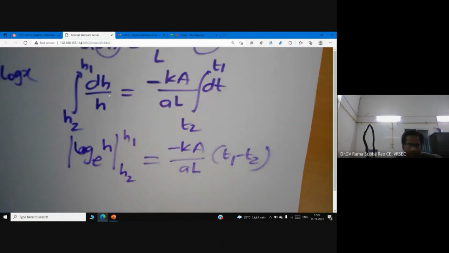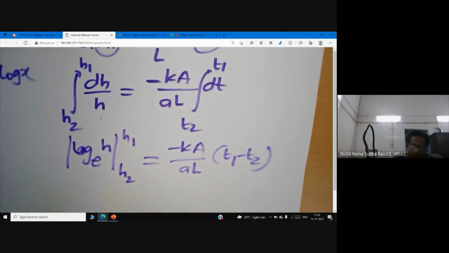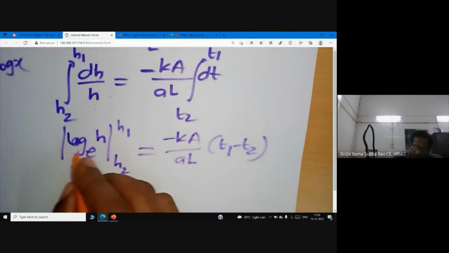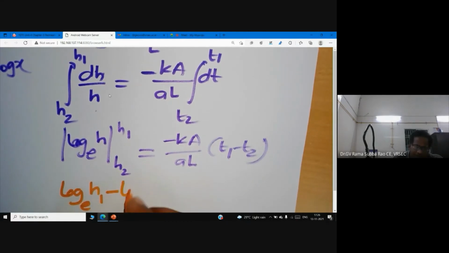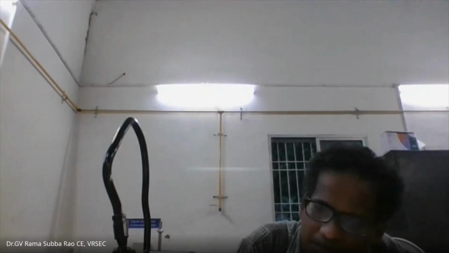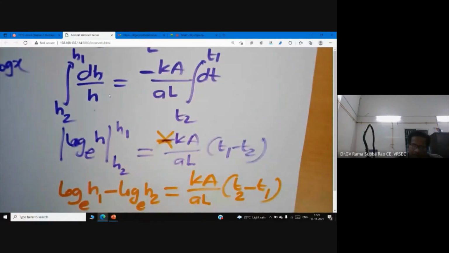I want to write it as T2 minus T1. So now you see log e H1 minus, then applying the boundaries, log e H2 is equal to k a by A L. As we discussed, I'm going to change this because time has changed. T2 is greater than T1, so now I can avoid the minus. I said goodbye to the minus.